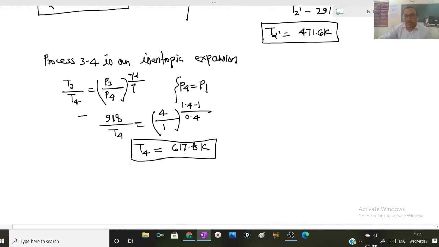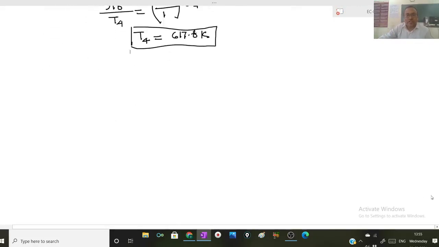So now we have the temperature of the gas after expansion, T4. Now my aim is to calculate T4 dash. Only then I can calculate isentropic efficiency of turbine. Okay.